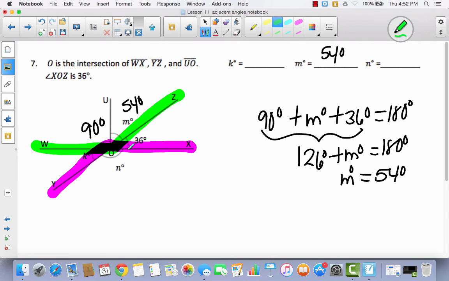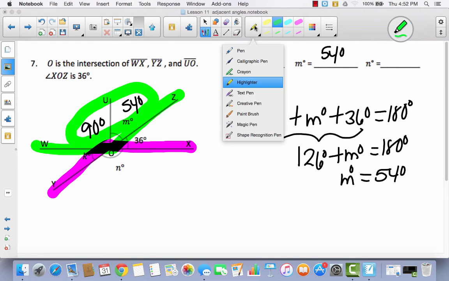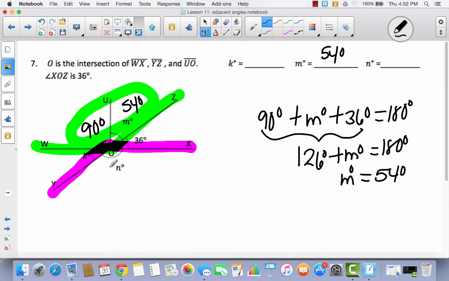You see that? Those are opposites. But WOZ has been broken down into two separate angles. So if I put these two angles together, then I should get the measurement of angle N. So I could say 90 plus 54 is 144 degrees, and that would tell me what angle N is.